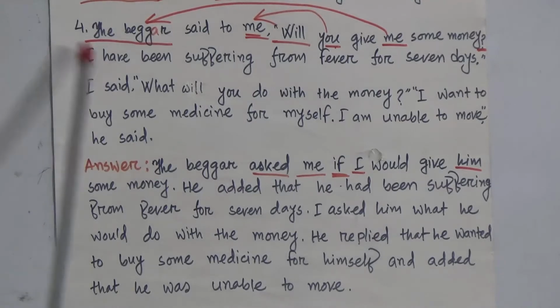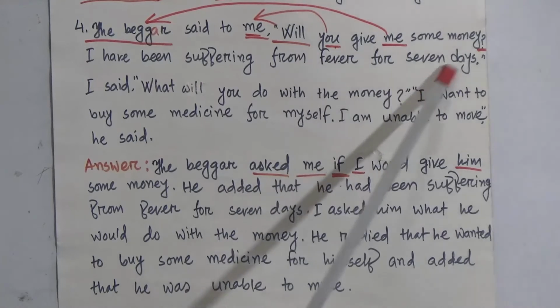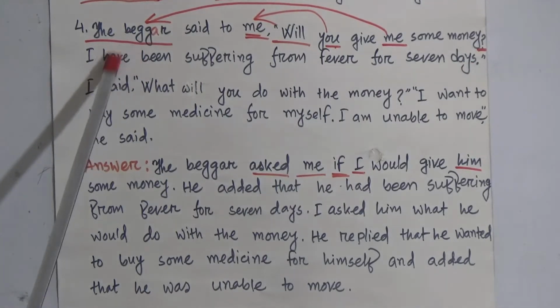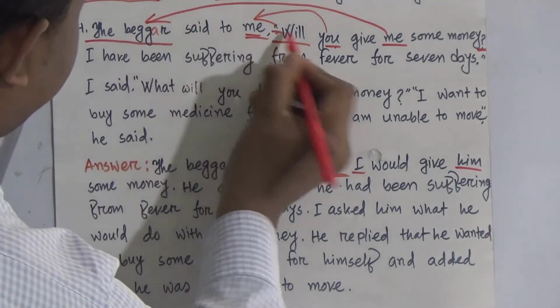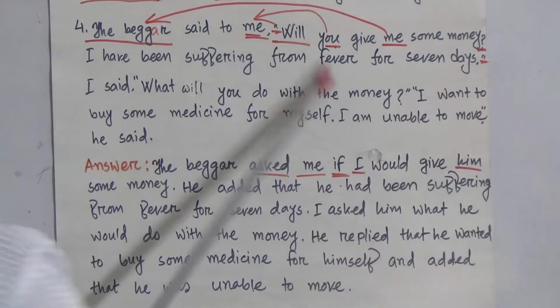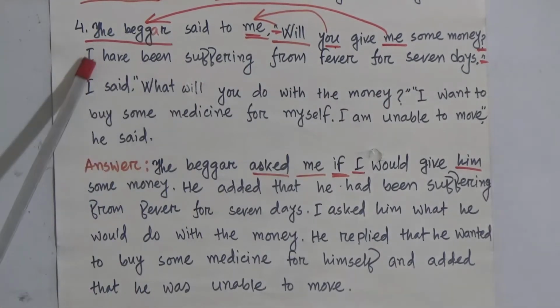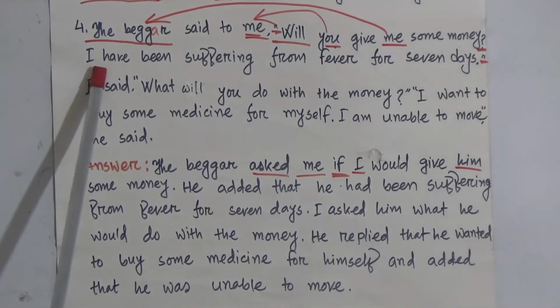Then what is written? I have been suffering from fever for 7 days. It is uttered by the same person, because the inverted comma starts from here and ends here. So all these conversations belong to a single person, so this is also uttered by the beggar.